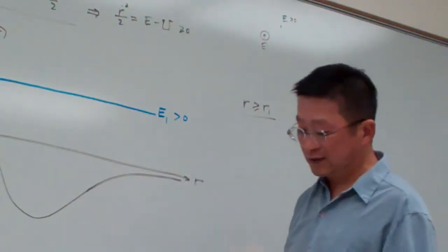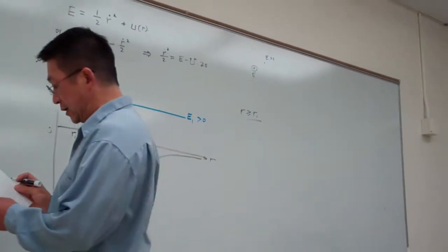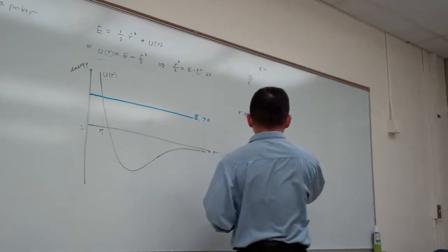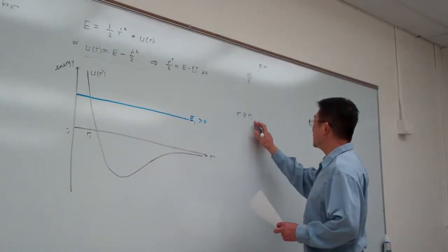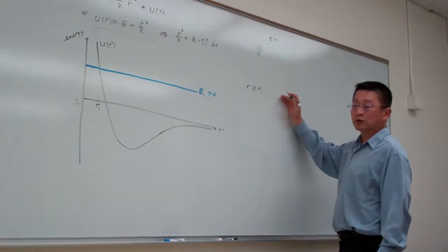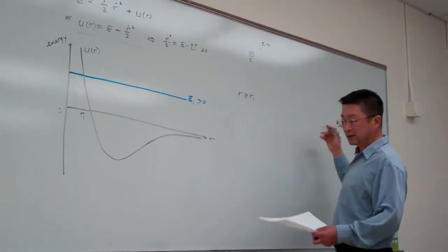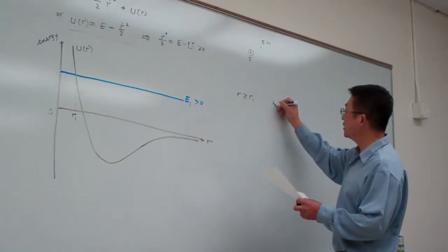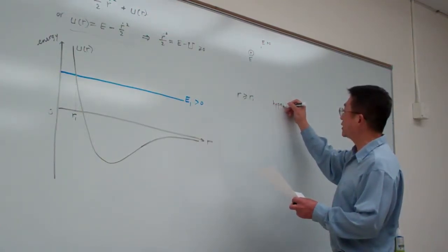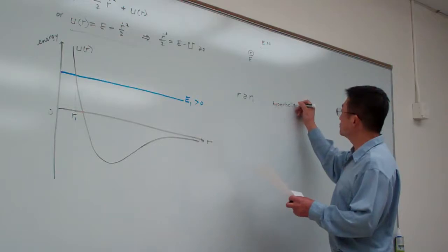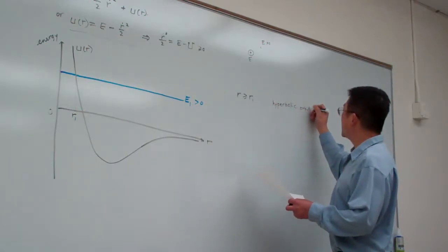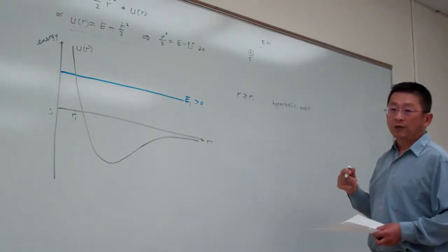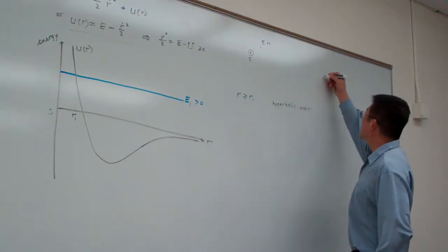So for this case, basically they have a chance to go to infinity, the deep of space, and won't stop there. Here this is actually a hyperbolic orbit. Let me draw it.